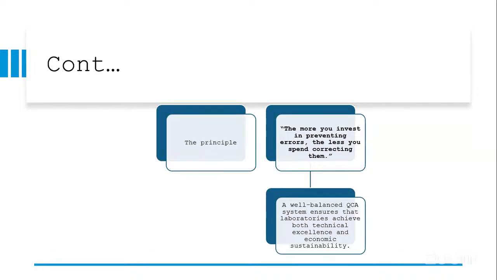The quality input should actually reflect on the pricing of the services that you are giving. That should go hand in hand, because you might invest so much in quality and actually hit a negative in economic sustainability. So we must look at balancing these avenues as much as possible. There is a cost attached to quality service, and this cost must be factored in when it comes to pricing of your services.